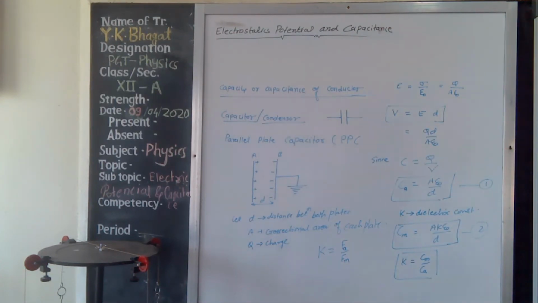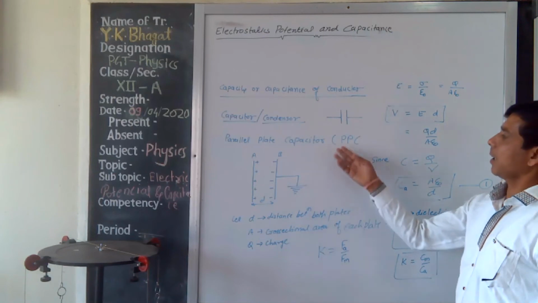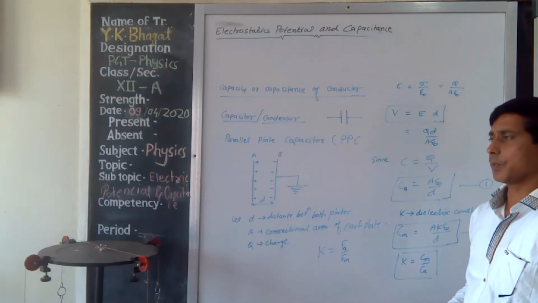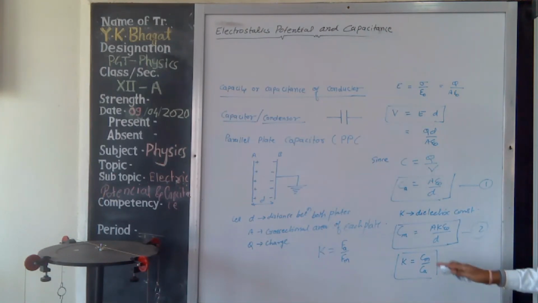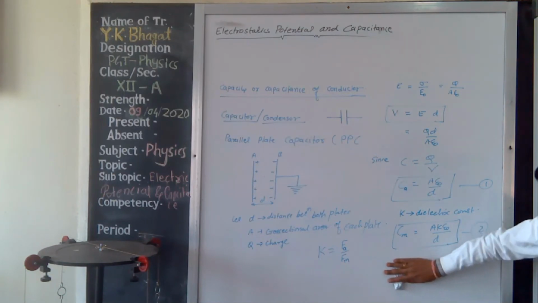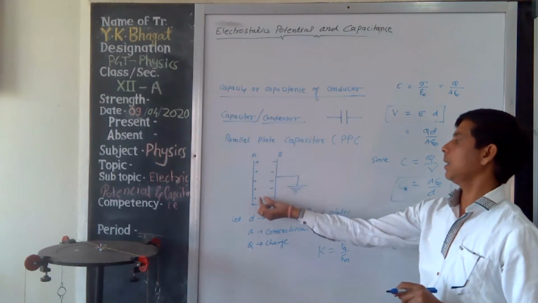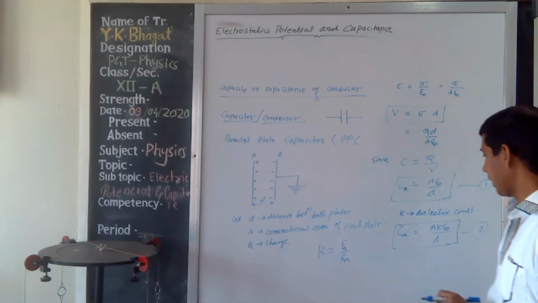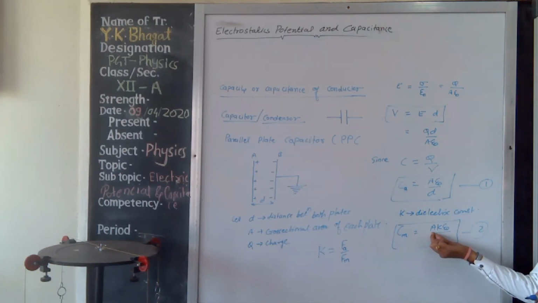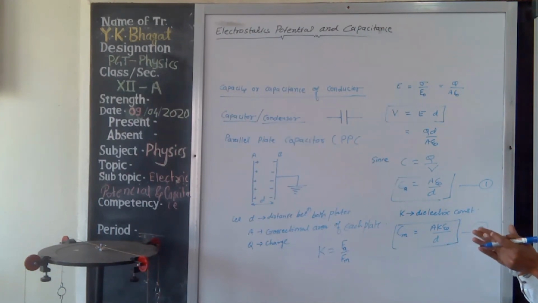Now our point is, how can you increase the capacity of a parallel plate capacitor? From equation 2 it is clear that by putting the dielectric constant between the plates we can increase the capacity of the parallel plate capacitor, by increasing area and by decreasing the distance between both plates.